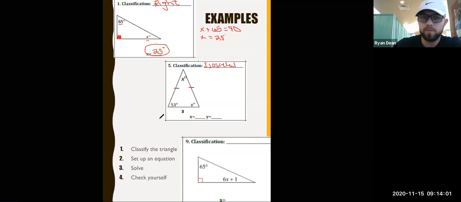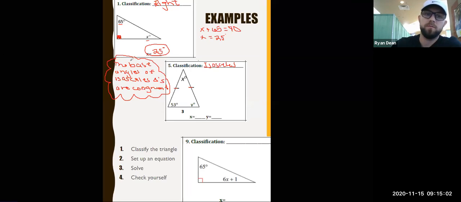Once we do that, we'll come back and talk about the 53 and the y and what that means for us. All right, so what we said was that if we have an isosceles triangle, then the base angles of the isosceles triangle are going to be congruent. The base angles are across from the sides that are congruent.